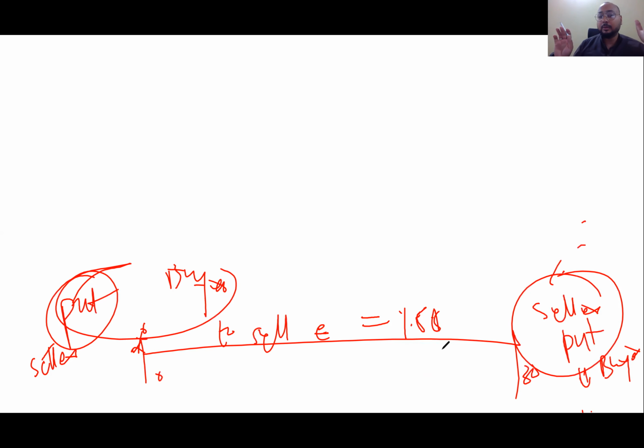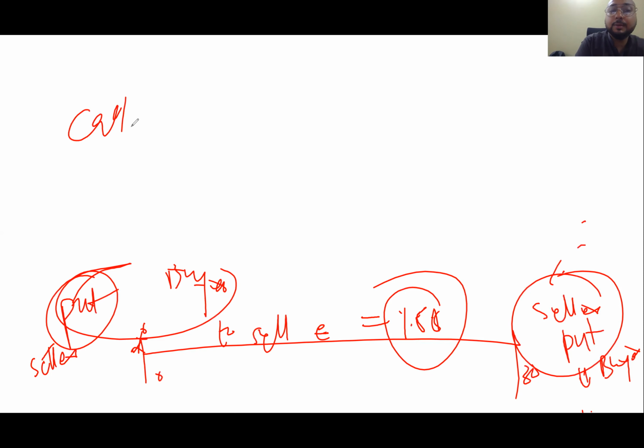So basically, buyer of put option is seller, and seller of put option is basically buyer, who will buy from put buyer at 1.5 dollar per euro. Understand?